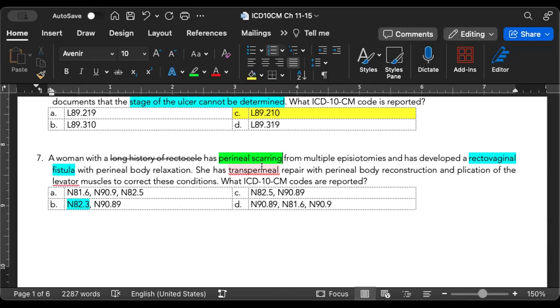Now, underneath scar, there is not an option for the perineum. What is another word for perineum that we can use?